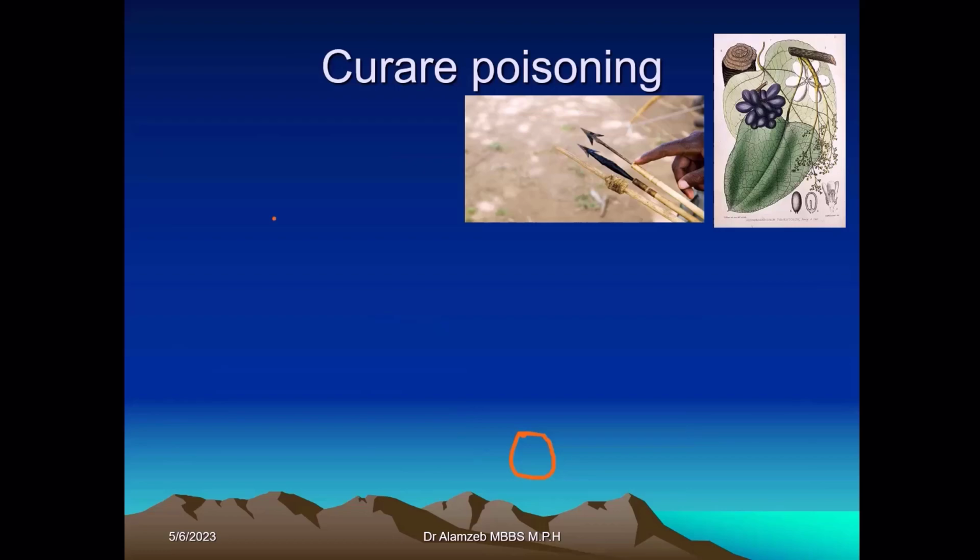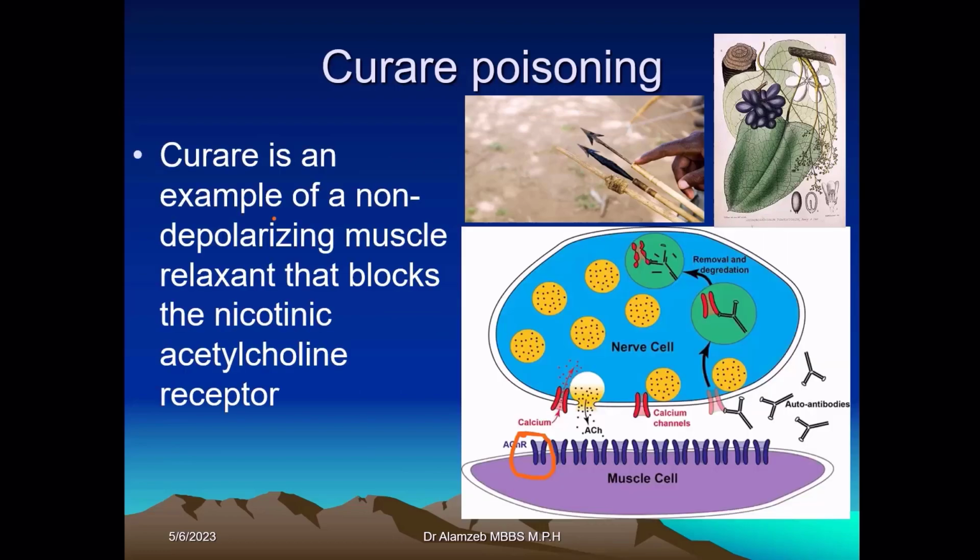Curare poisoning is another poison which causes paralysis of muscle, and it was used by Africans. They used this poison on their arrows for hunting animals. They applied this poison to the arrow, and by this arrow they were able to paralyze the animal, and in this way they used this poison for hunting.